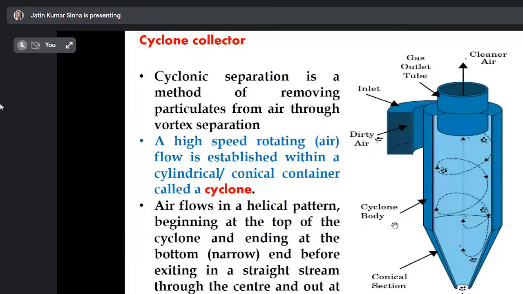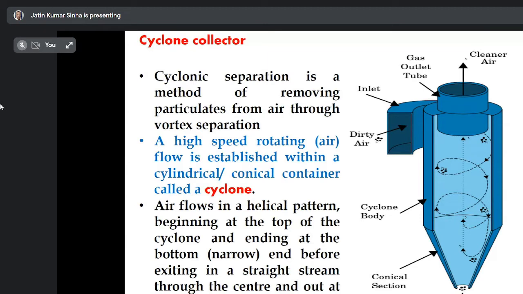In terms of efficiency, it can almost remove 50% of dust particles. This is purely a physical separation of pollutants from air. There is no chemical reaction going on as it does in your catalytic converter. This is just a pure physical separation method, and the mechanism is very simple. This can be done in a home environment, but the use of this kind of device is very limited.